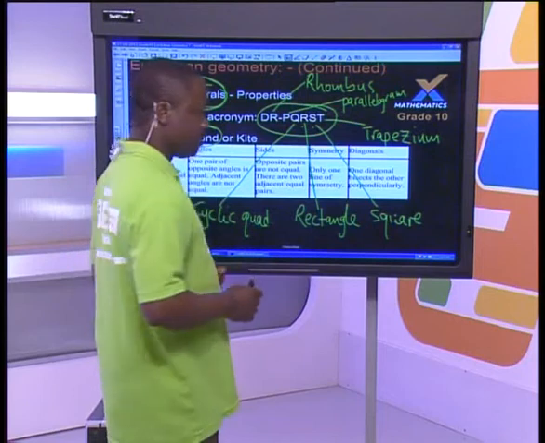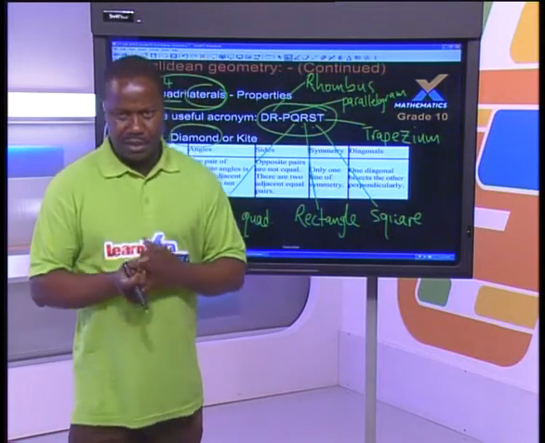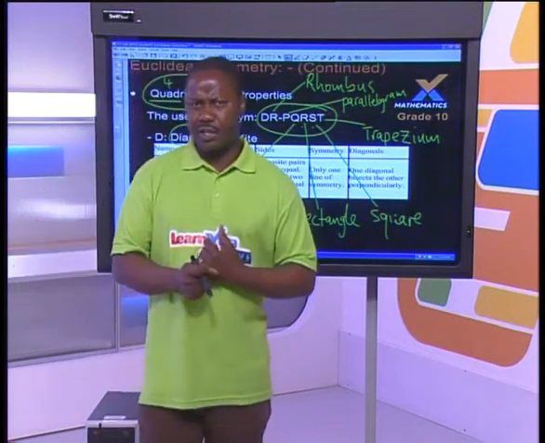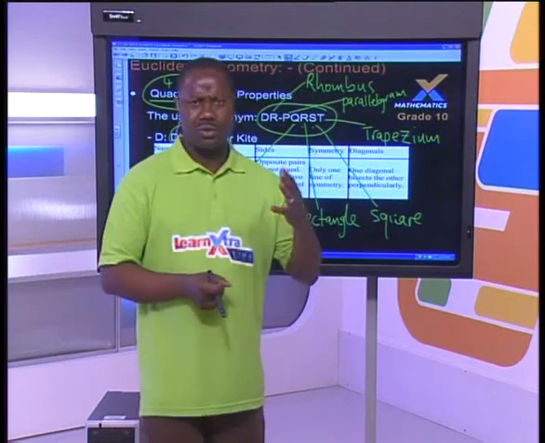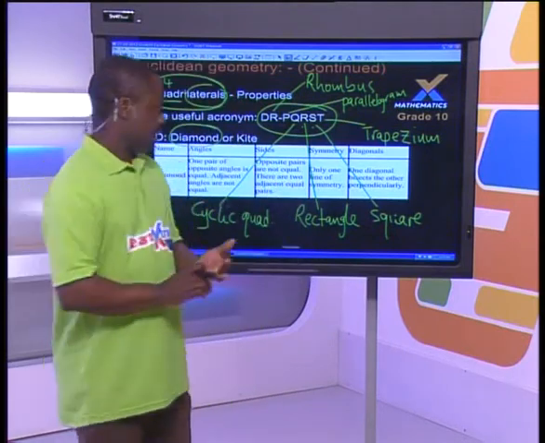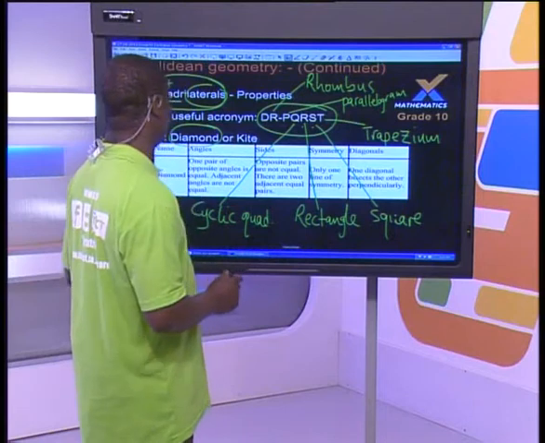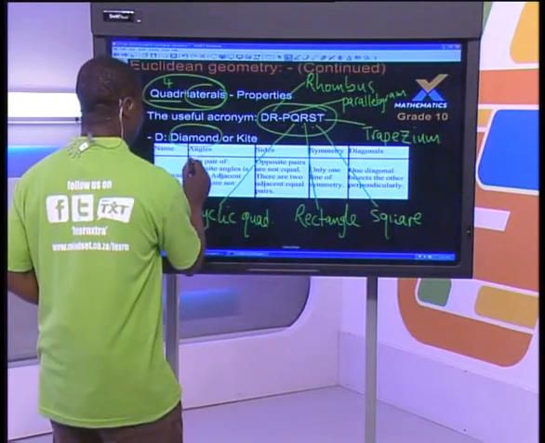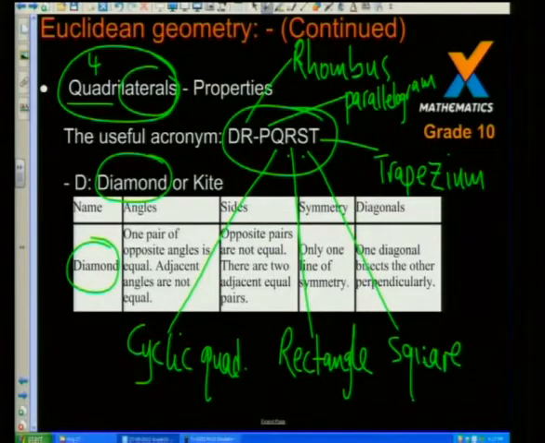Now, I want to discuss the properties of these different quadrilaterals. A diamond is also called a kite. Earlier on I said we'll have the name of a shape, and then in describing the properties, we'll talk about angles, sides, symmetry and diagonals regarding that shape.